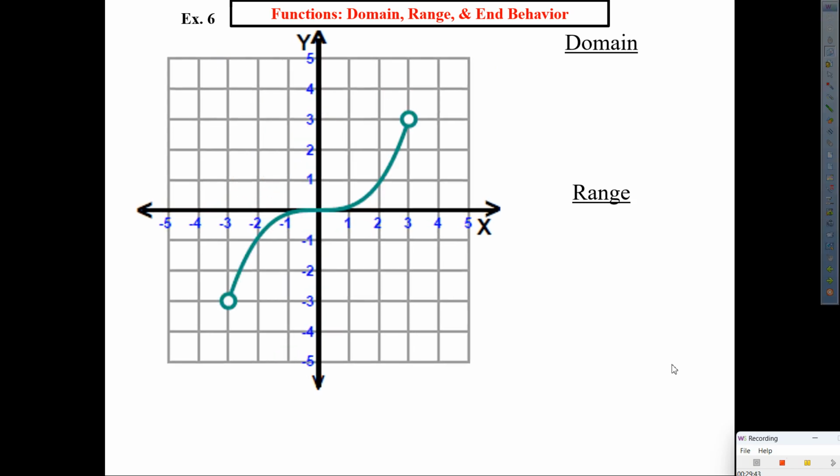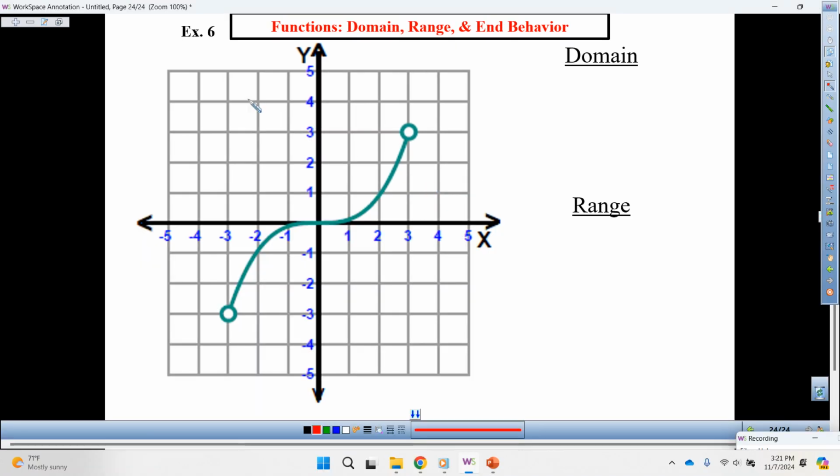Ooh, no. All right, do me a favor, look up. I want you to go to number 6, and I want you to sketch me a graph. Don't worry about this one. I want you to sketch a graph in here. Find me the domain and range for both. Go.